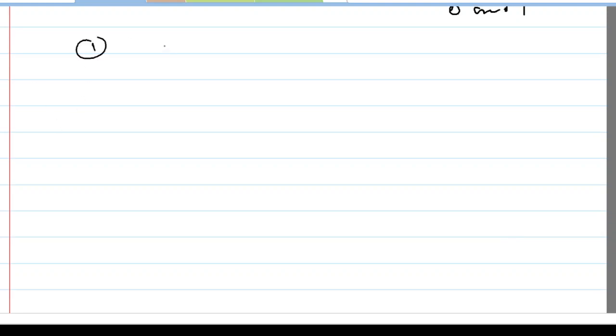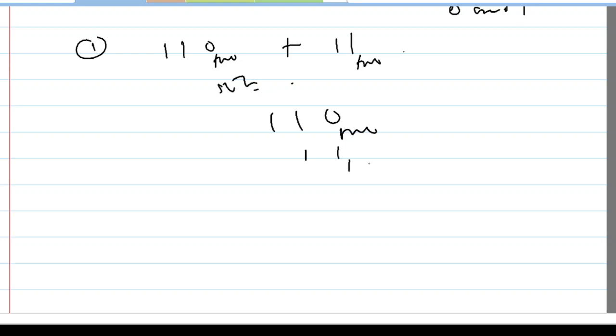Number 1, if I have 110 base 2 plus 11 base 2. Don't forget, solution: I'm going to have 110 base 2 plus 11 base 2. So don't forget we are operating in base what? In base 2.